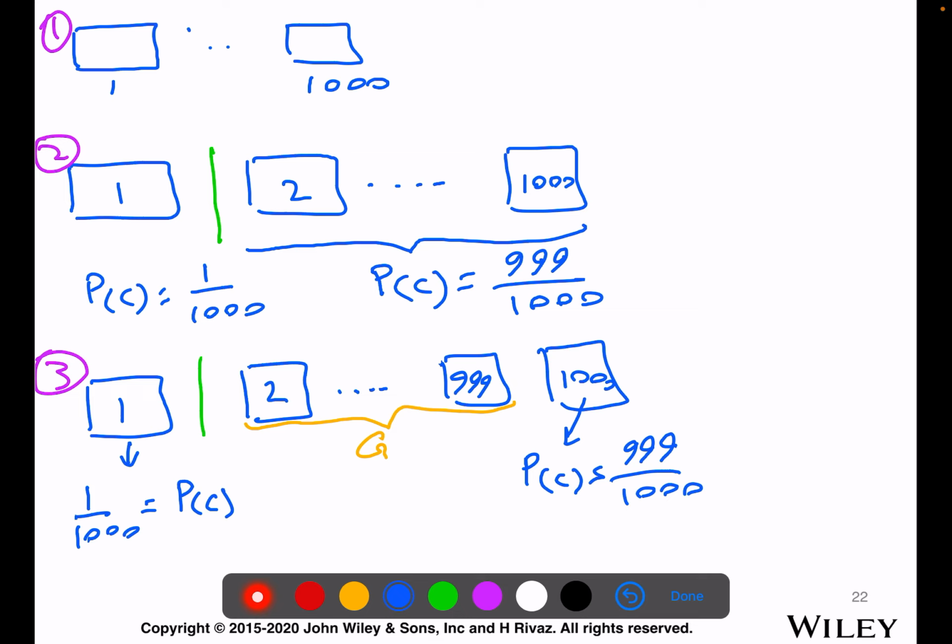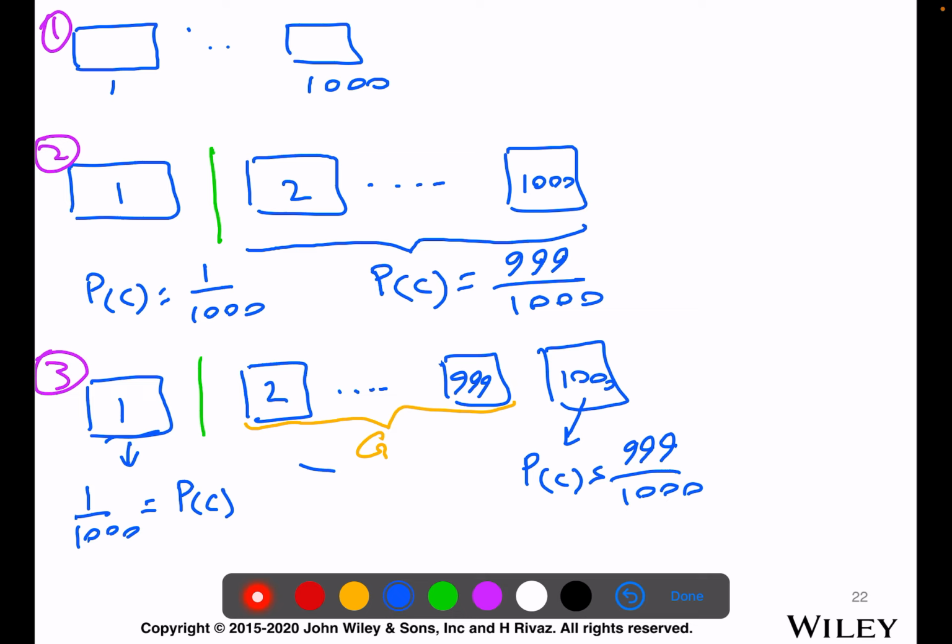So in this case, you must switch, right? The fact that these other doors have been revealed changes the probability of your door having a car. It's not 1 divided by 1,000 anymore. So I guess in this case, it's a little bit more clear that you have to switch. This is a bit more intuitive, right?